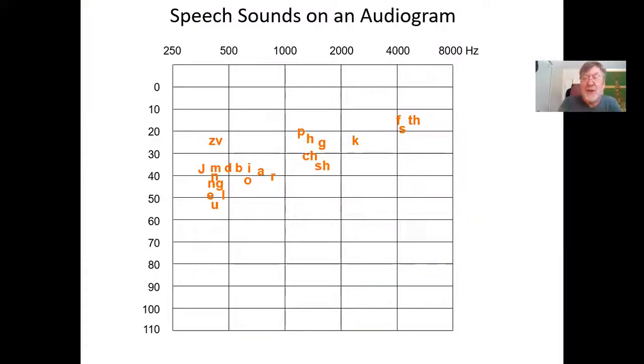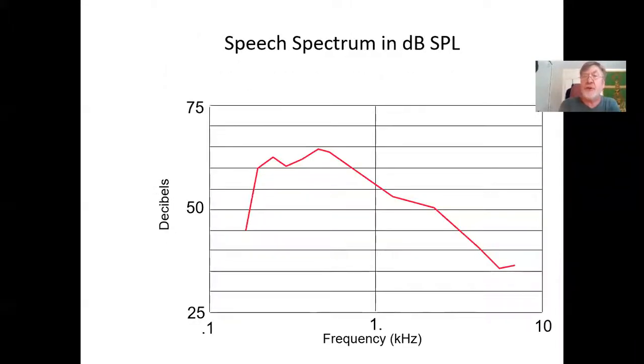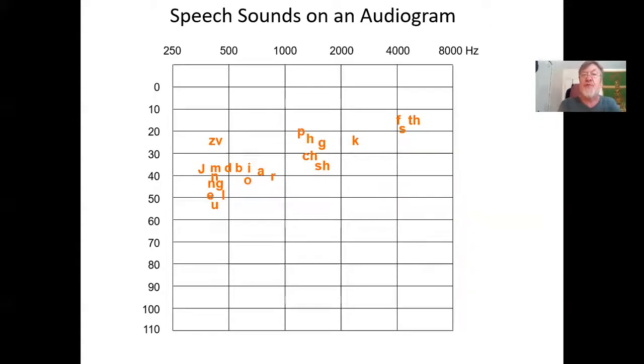All right. So when you're looking at this slide here versus this slide here, they're showing the same thing. This one's showing the speech spectrum in dB SPL. This one's showing the speech spectrum in dB HL, the audiogram. And we've all learned before that 0 dB HL is really minimal audible pressure, that curve that you get, the softest it takes to hear all the different frequencies with one ear under a headphone.